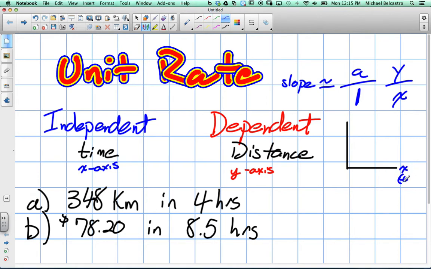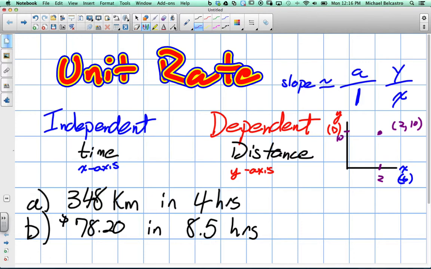And on our y-axis, we'd have the distance we ran. They'll give us some point. They'll say you ran 10 kilometers in 2 hours. Because it's 2 hours, that would be our x, and the distance we ran was 10, so our coordinate would be 2, 10.